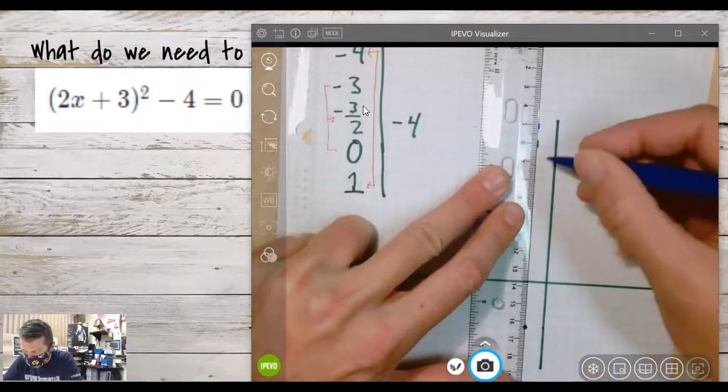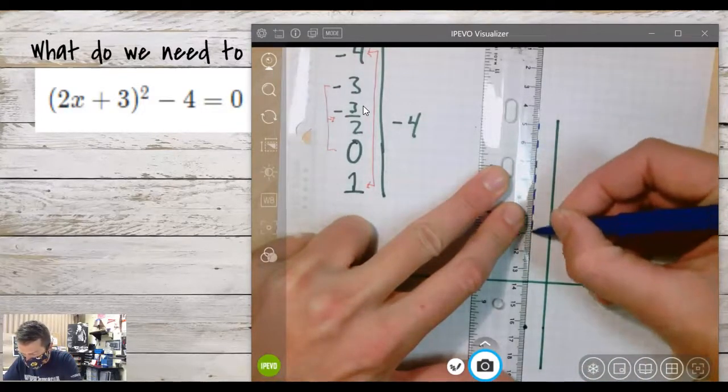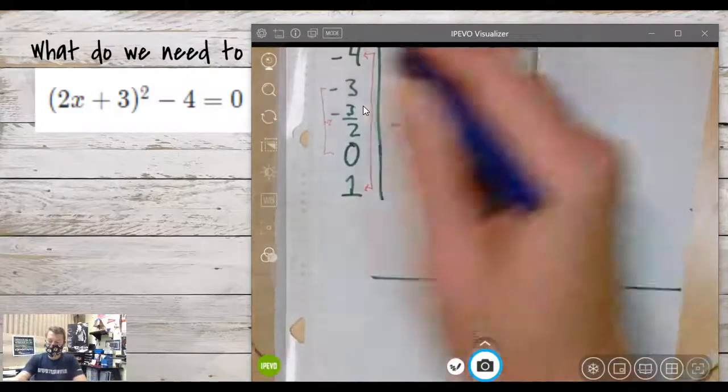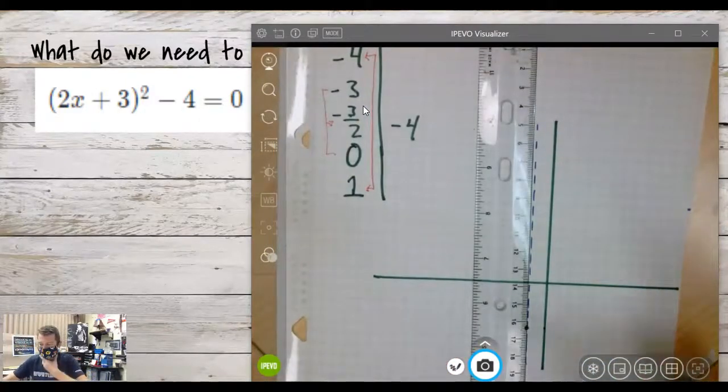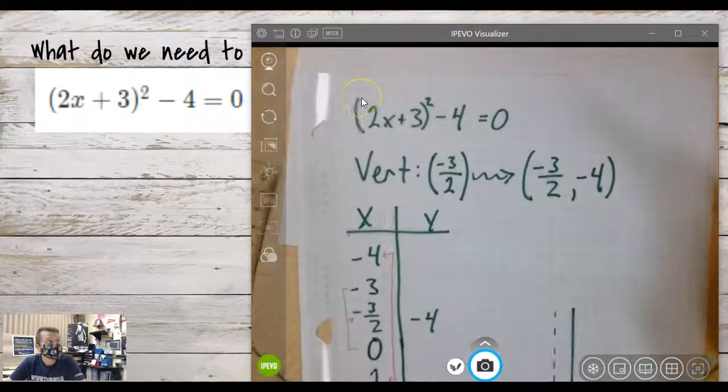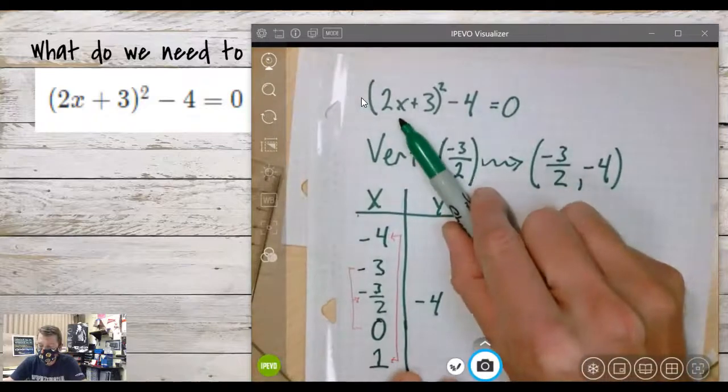Questions at this point? All right, try it. Try to derive some more of these. Plug in 0. So 0.